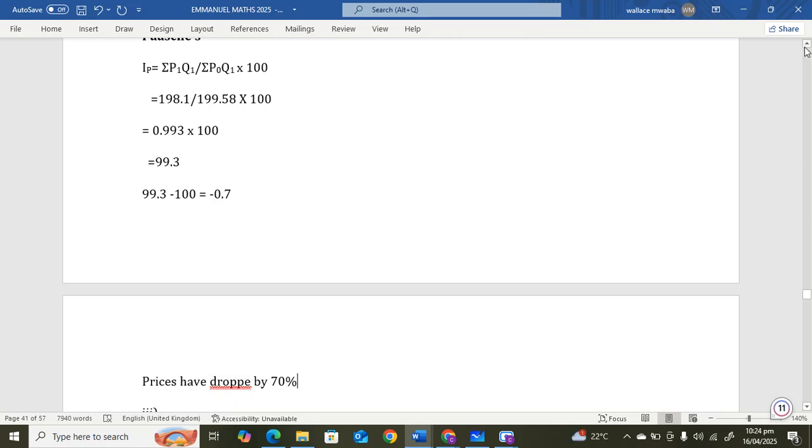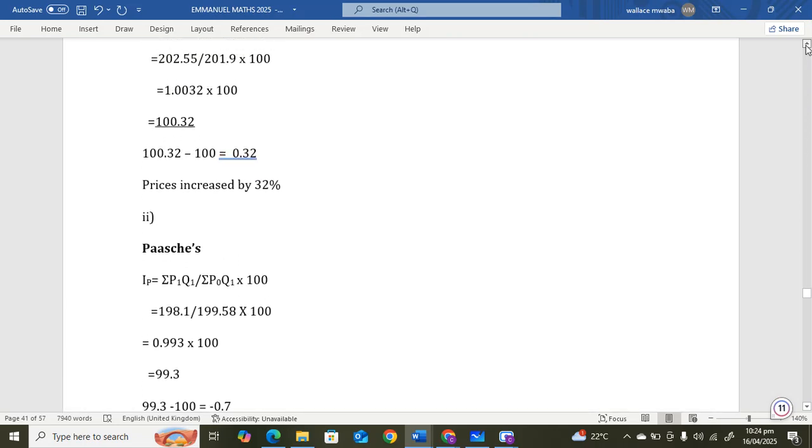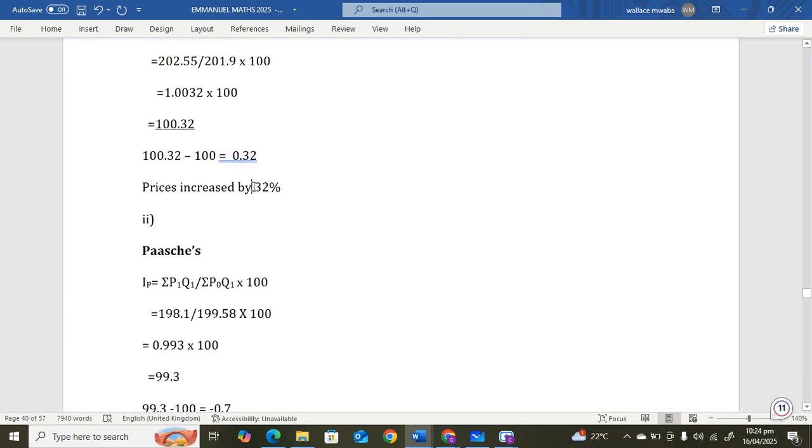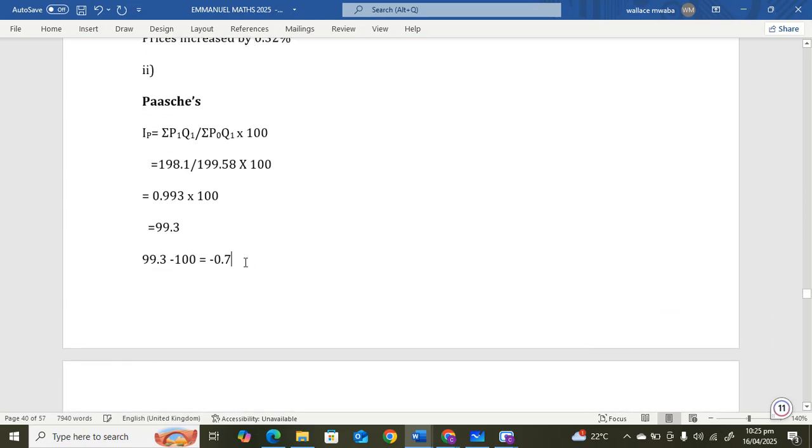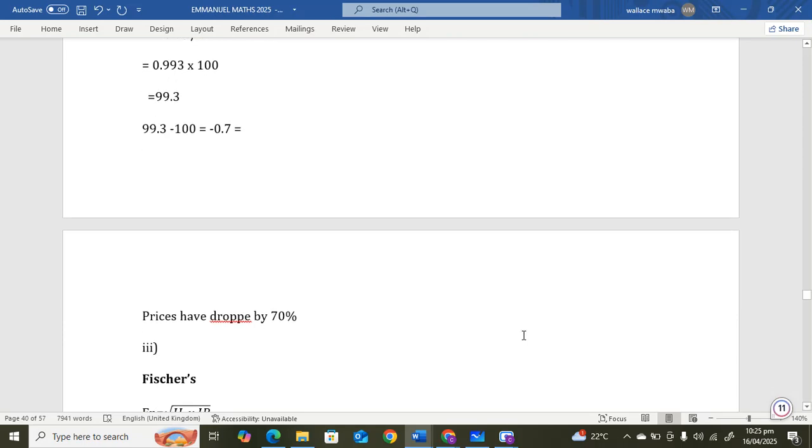Just hold on, colleagues. Actually, here it's by 0.32%, and here it's by 0.7%. So prices have dropped by 0.7%.